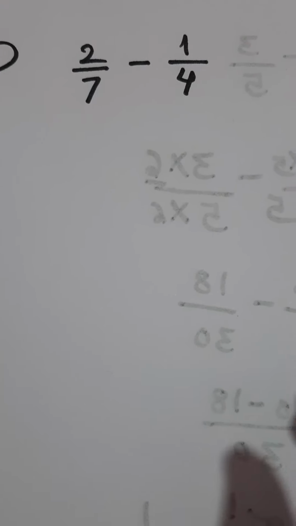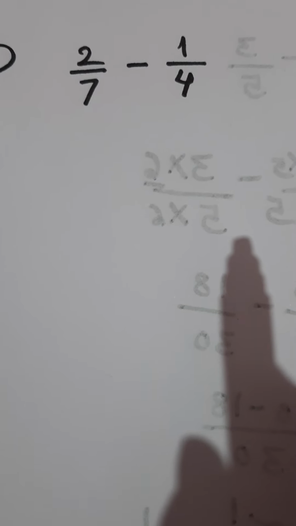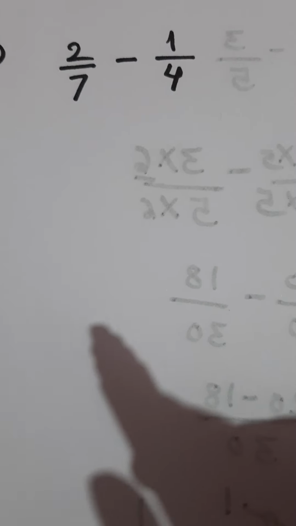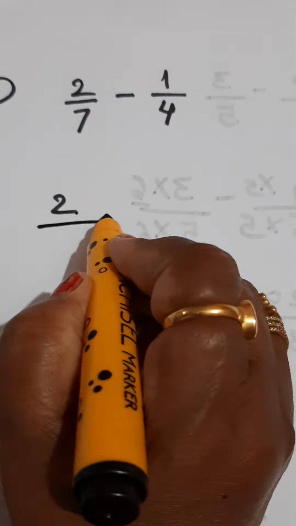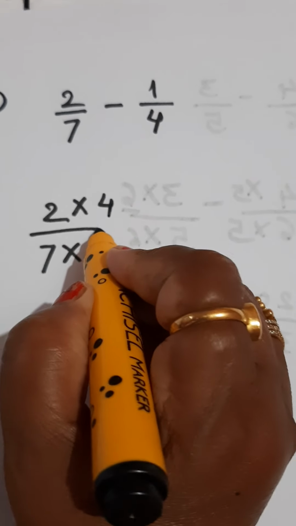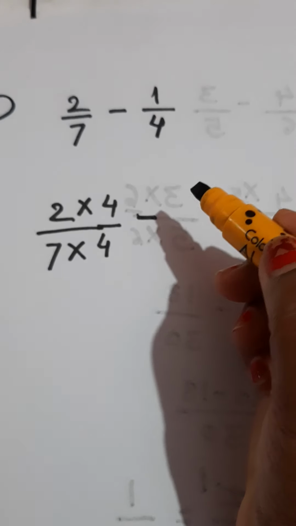The same procedure. Multiply the first fraction by the second denominator and multiply the second fraction by the first denominator. Write down the first fraction 2 upon 7. Multiply the fraction by the second denominator, that is 4. I have written here. Then give a minus sign.